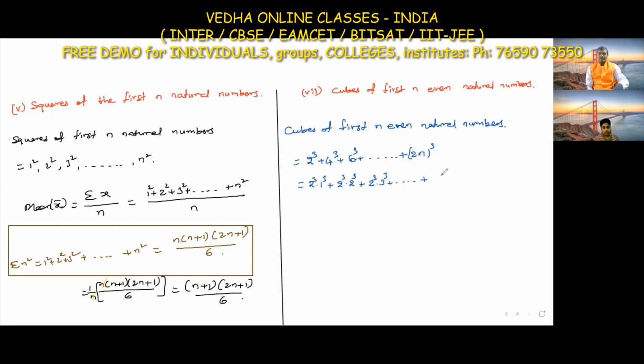Here 2n is a natural even number, so if we separate the cube, we get 2 cube and n cube. So take 2 cube common in all the terms, then 1 cube plus 2 cube plus 3 cube.